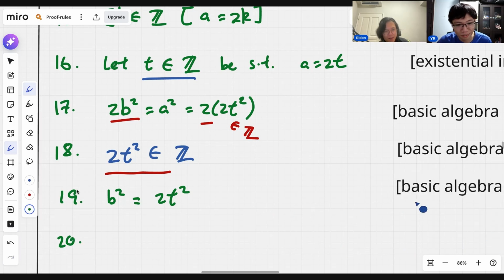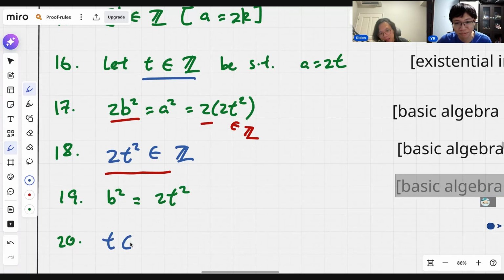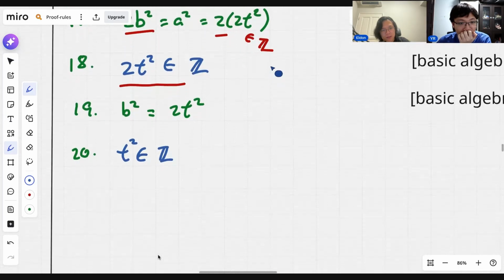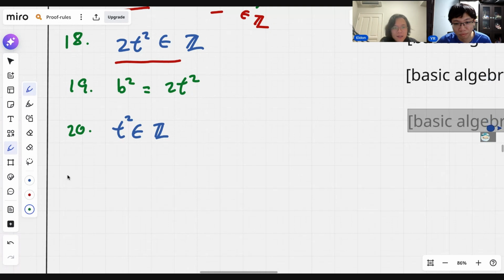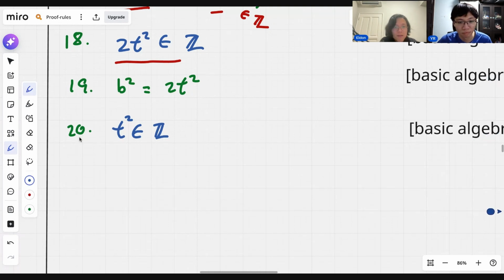Now this is the important one. Since t is an integer, we can also say that t squared is an integer. This is also basic algebra. So now b squared is equal to 2 times an integer. What does this mean?